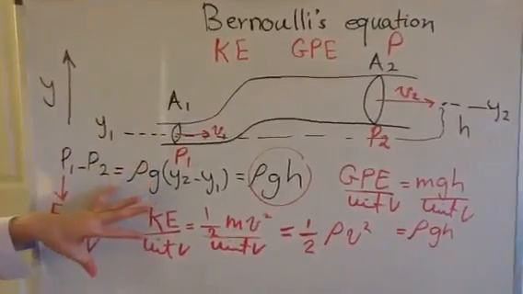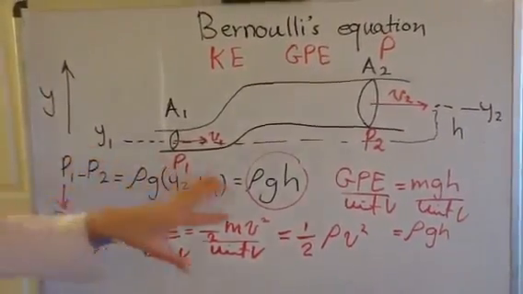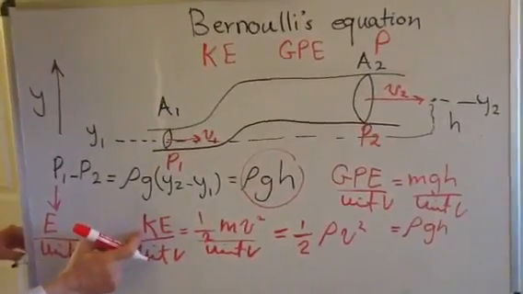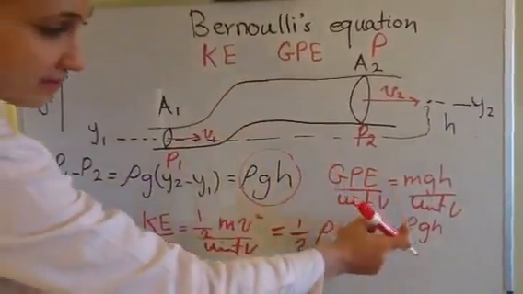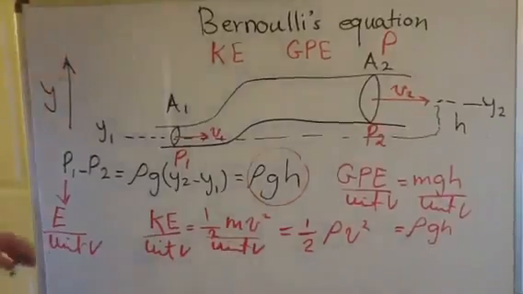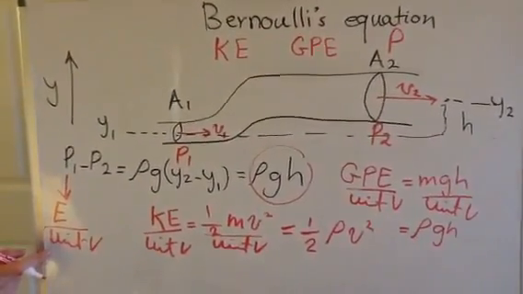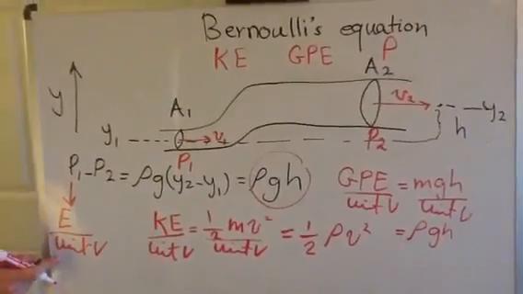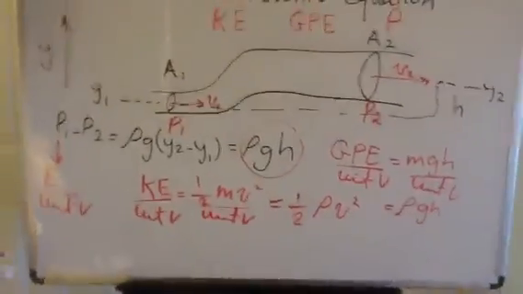If we now apply the law of conservation of energy, we will have the sum of kinetic energy per unit volume and the gravitational potential energy per unit volume and the pressure, which is the energy per unit volume, equals a constant. And this is Bernoulli's equation.